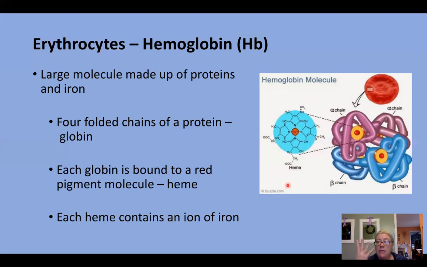Each of those heme pigments is going to contain 1 ion of iron. So if there is 1 ion on each heme, and each polypeptide has 1 heme, that means each hemoglobin molecule has 4 polypeptide chains, 4 heme molecules, and 4 ions of iron.